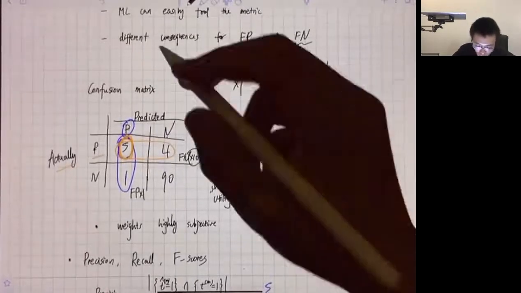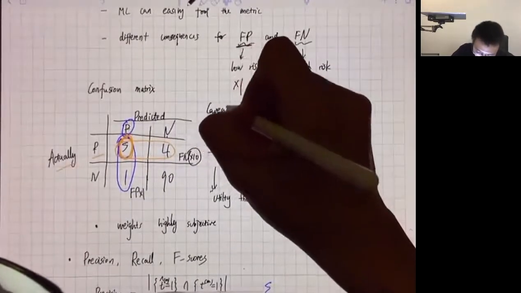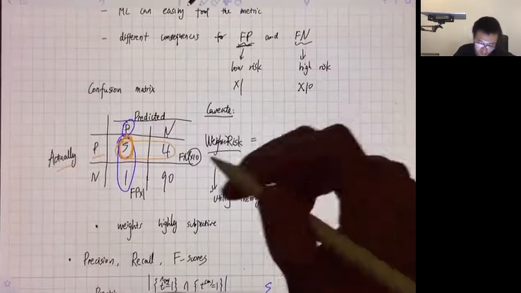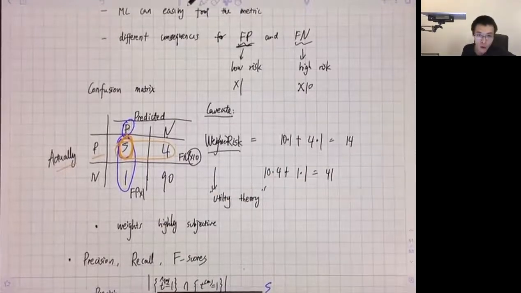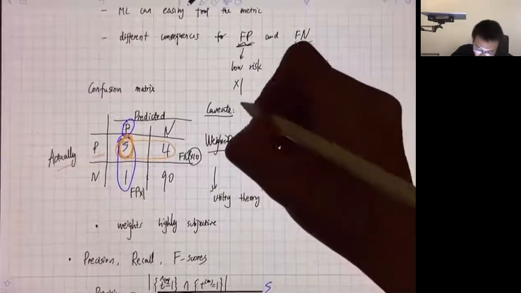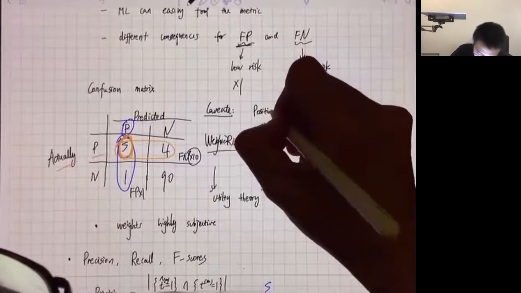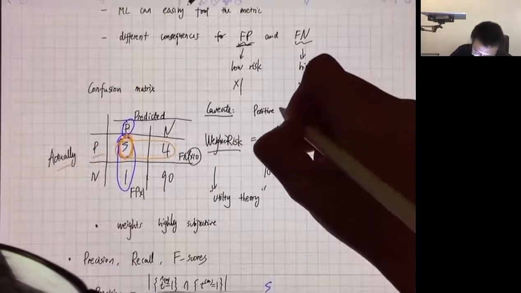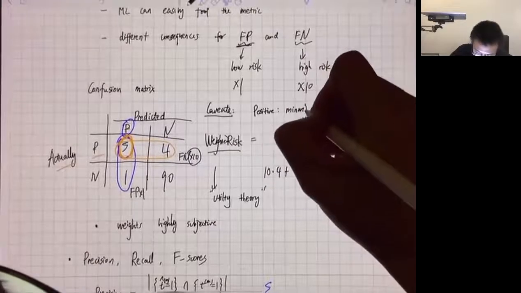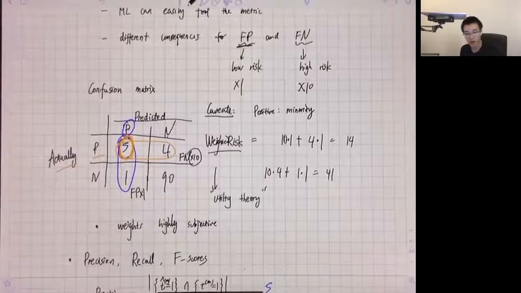And just a caveat: when we talk about precision and recall, we typically talk about the positive category, and the positive category must be a minority. It just means a small portion of my data must be positive.